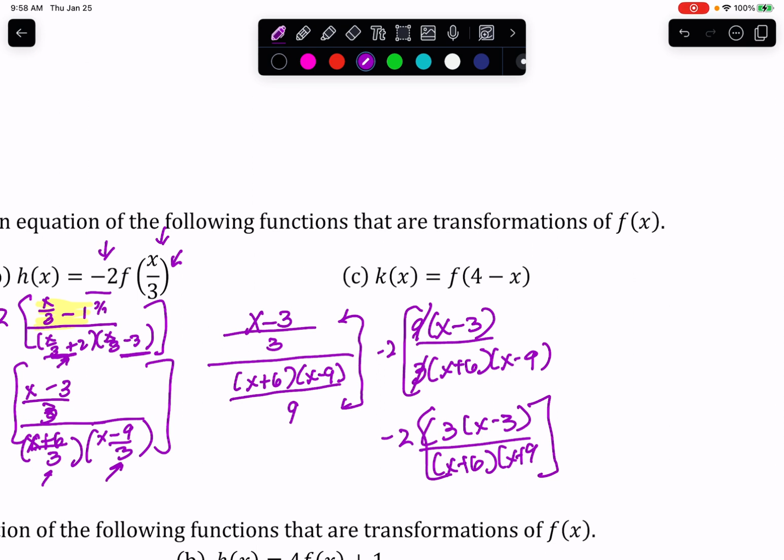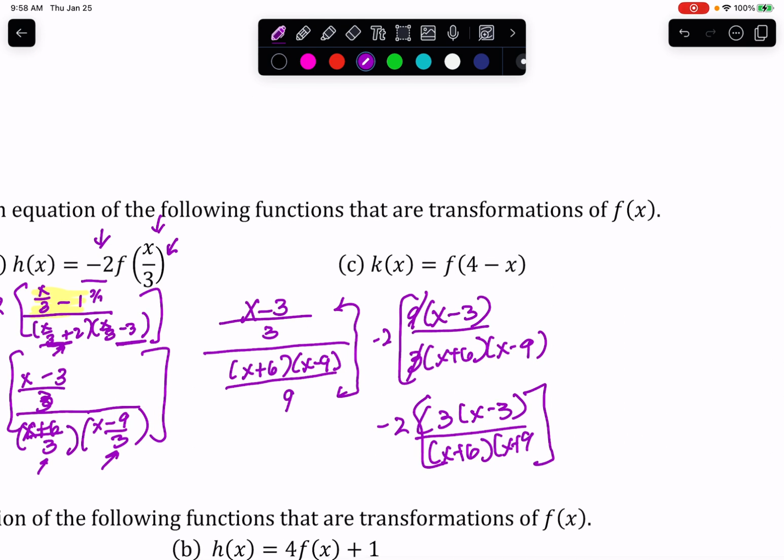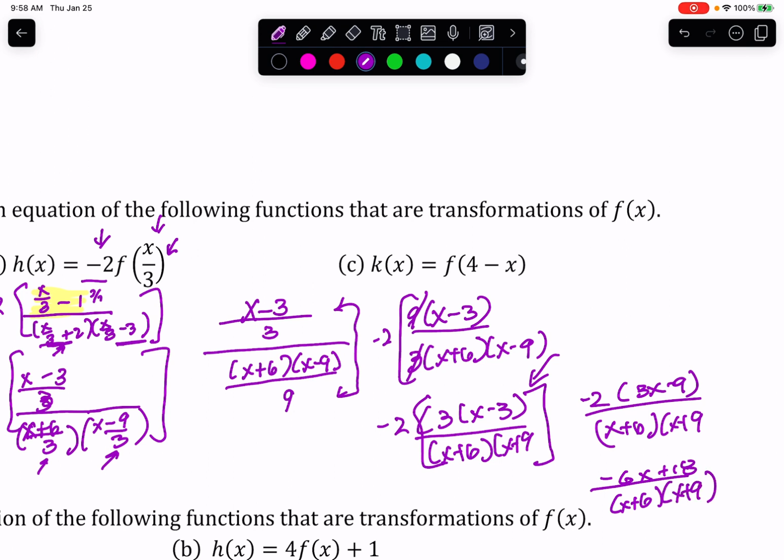So to me, it looks like if I were doing this out, it would be -2 times 3x minus 9, and then I'm going to multiply it out, over x plus 6, x minus 9, or you could leave it like that, but then it really makes it look like -6x plus 18 over x plus 6, x minus 9, and you can multiply that out too.